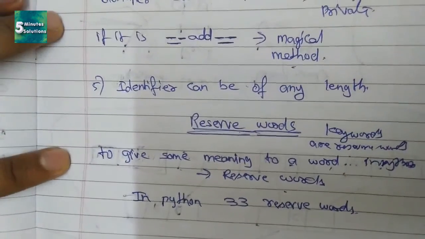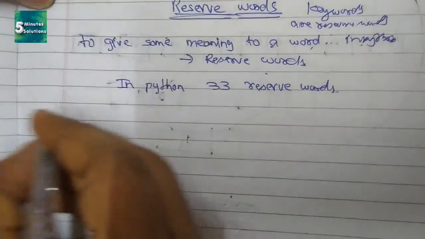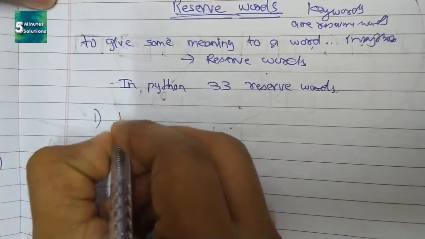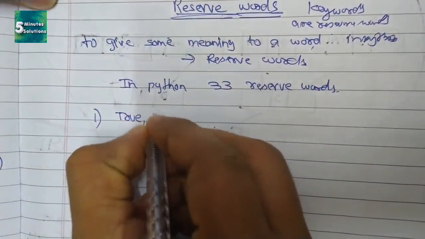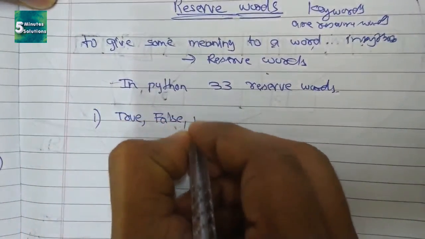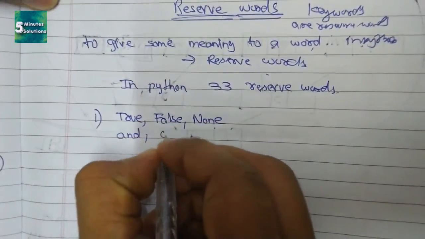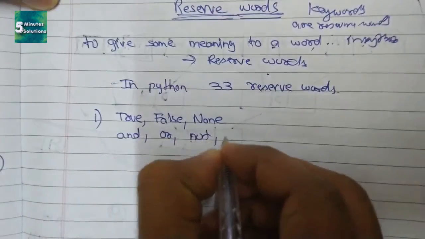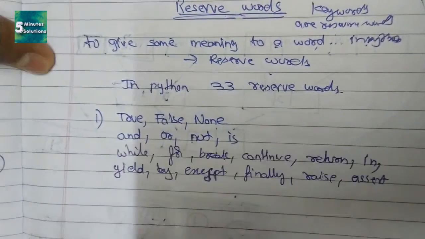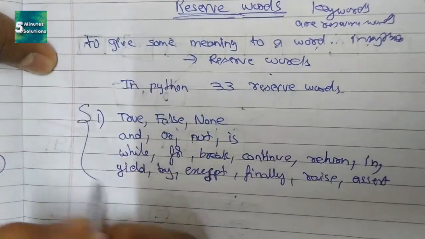Now some of the reserved words are True, False, None, and, or, not, is. These are some of the reserved words, not all.